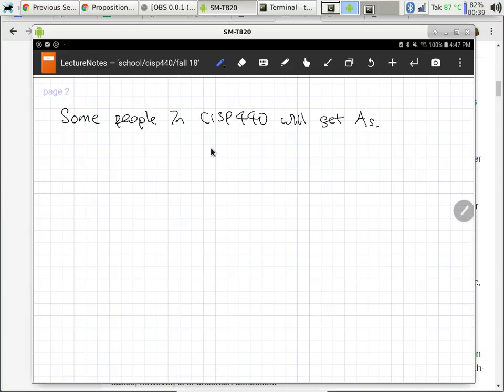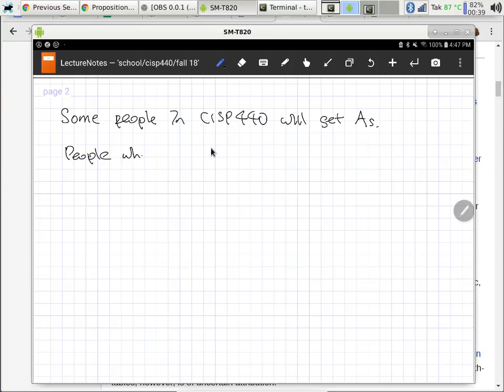Now, remember, this is just an example, so do not hold me accountable for that. And let's say, in general, so once again, do not hold me accountable for this. I'm just using an example.